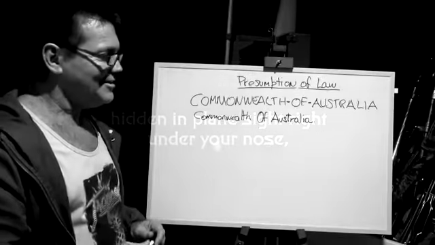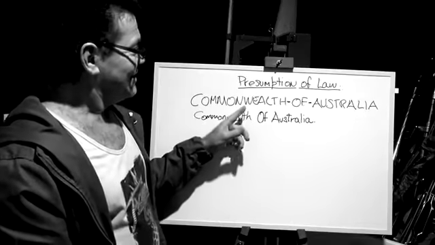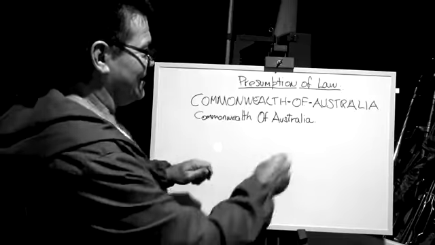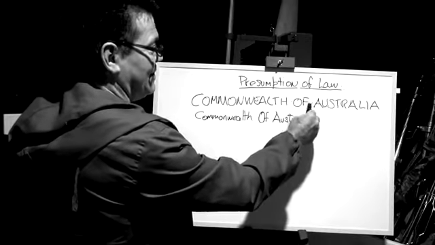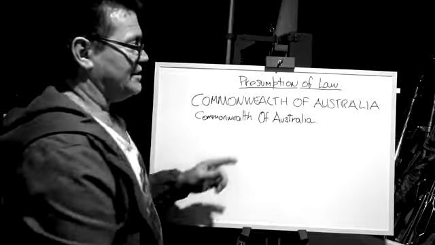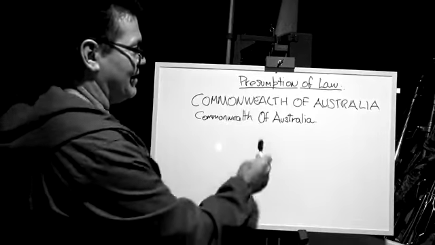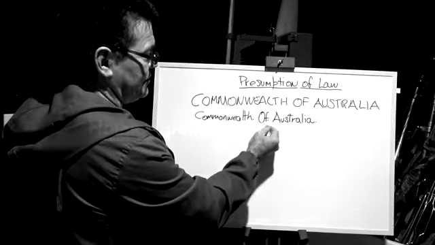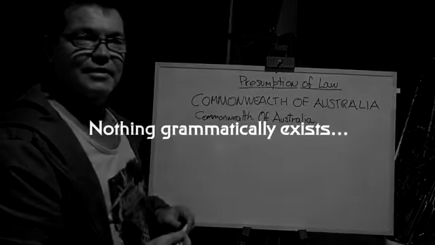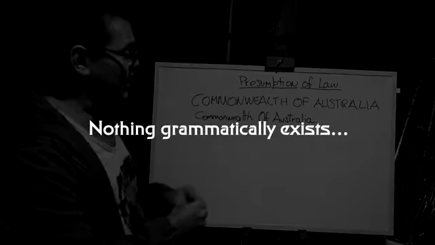Can you see what's going on? This is the presumption that creates the English to look like that, which does not read Commonwealth of Australia.